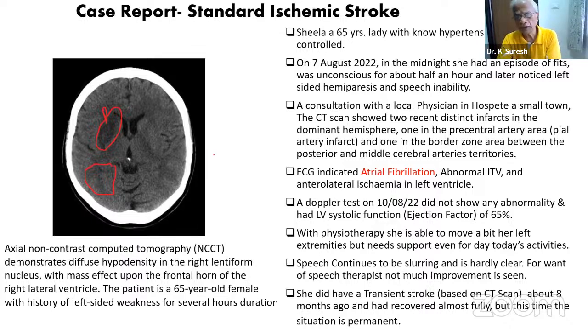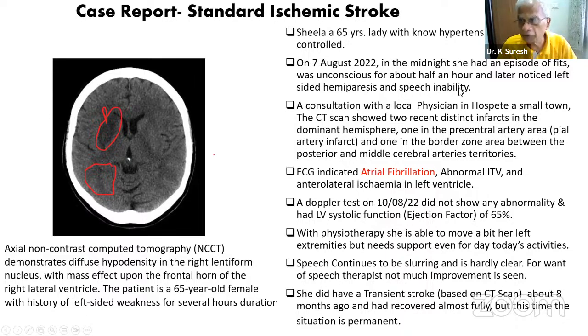This is the first case, of an elderly lady just recently, about 6 months ago, in a town known as Hospet. Right at midnight, she gets a fit and becomes suddenly unconscious for about half an hour.